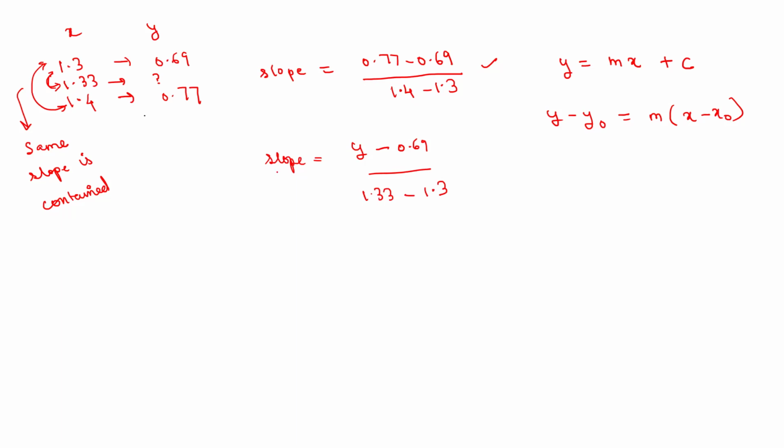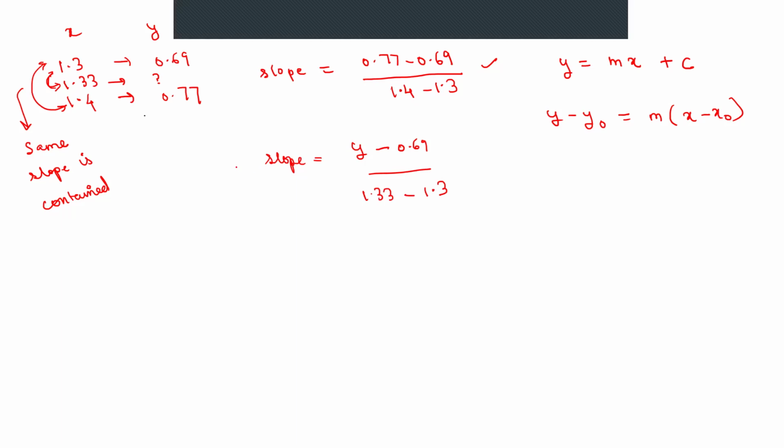So the slope is 0.8. I will do y is equal to 0.69 plus 0.8 into 0.03. Sorry, this is 0.03.